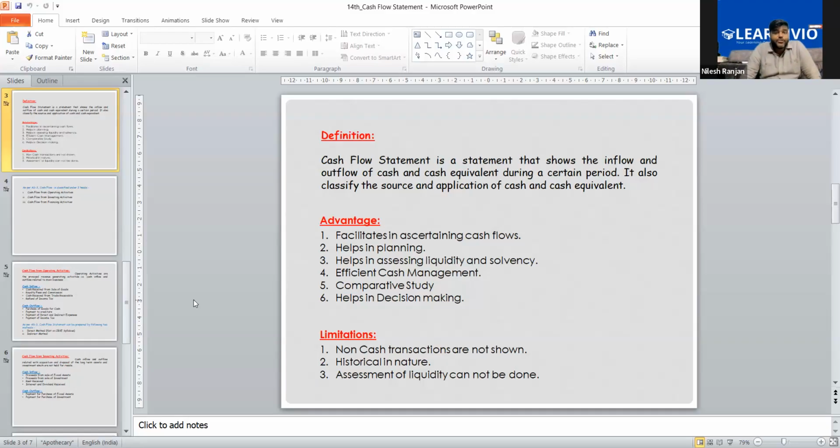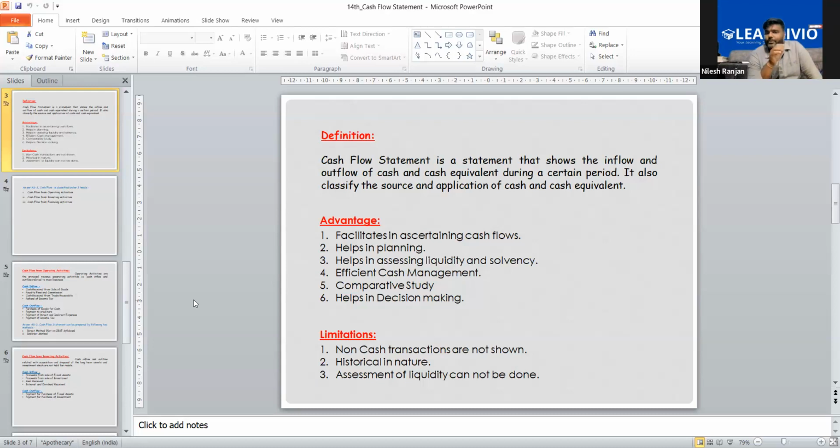The fourth one is efficient cash management. If you record all the cash transactions, obviously your cash management will be better, in real life also. In our personal life, if we write down every income and expense during the year, month, or week, then it is very easy to manage cash and expenses.